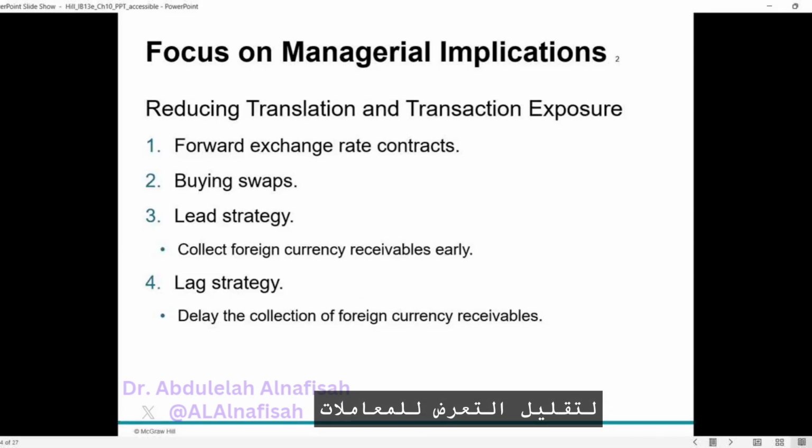To minimize transaction and translation exposure, firms can employ several tactics aimed at protecting short-term cash flows from adverse exchange rate fluctuations. Key strategies include entering into forward exchange rate contracts and utilizing currency swaps, which have been discussed previously.